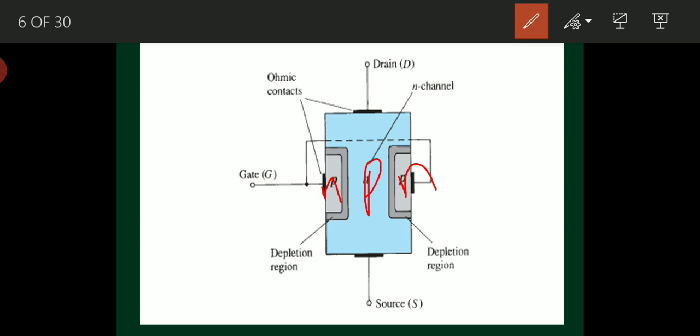So I will take a semiconductor silicon substrate and dope it with trivalent impurities to make it P type. And at the center, like a ring, I will diffuse pentavalent impurities to make it N type. So this is the longitudinal cross-cut section of P channel JFET.